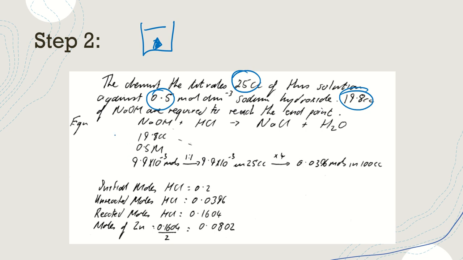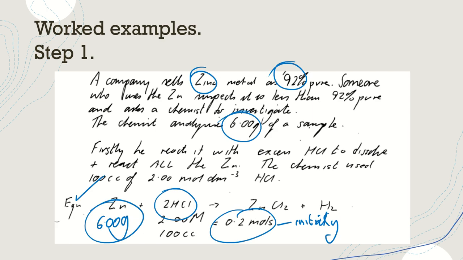So therefore, n equals CV, volume times concentration. That's how many moles of sodium hydroxide we used in the titer. It's a 1-to-1 ratio of sodium hydroxide to hydrochloric acid, so that's how many moles of hydrochloric acid were in my 25 cubic centimeters. But remember, going back to the original question, it was in 100 cubic centimeters.